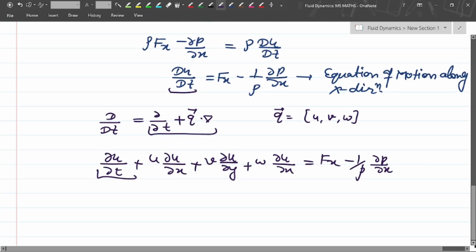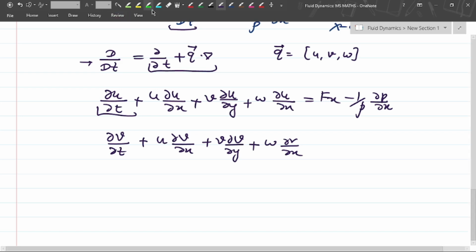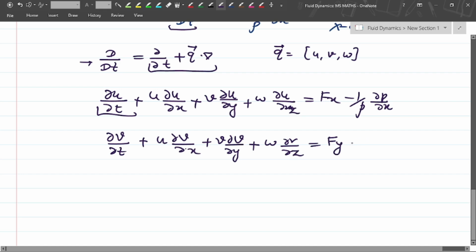Then if we put v in this equation, we get dou v by dou t plus u dou v by dou x plus v dou v by dou y plus w dou v by dou z, equal to the net force along the y direction minus 1 upon rho dou p by dou y.